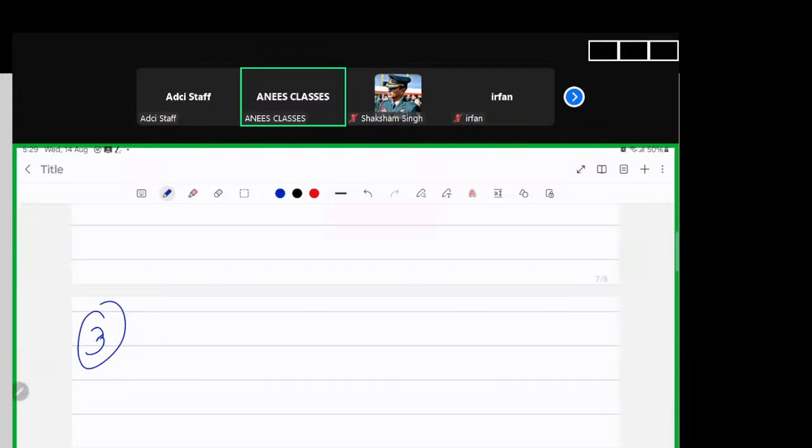If any two rows or any two columns are proportional to each other, then the value of the determinant will be 0. Understood, Saksham? Yes, sir.